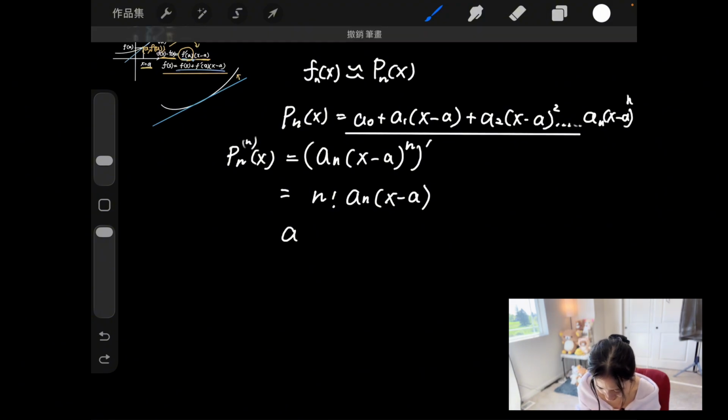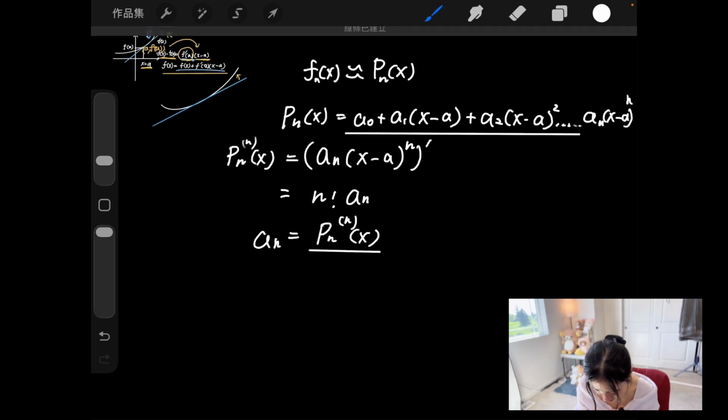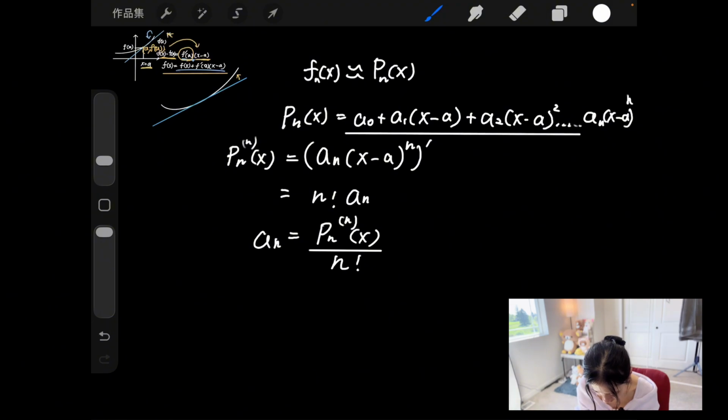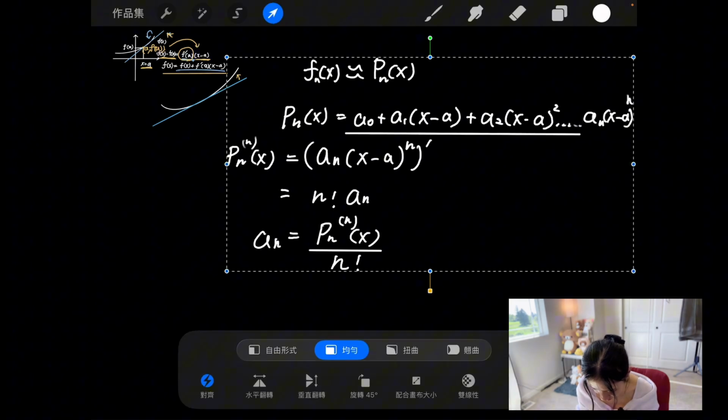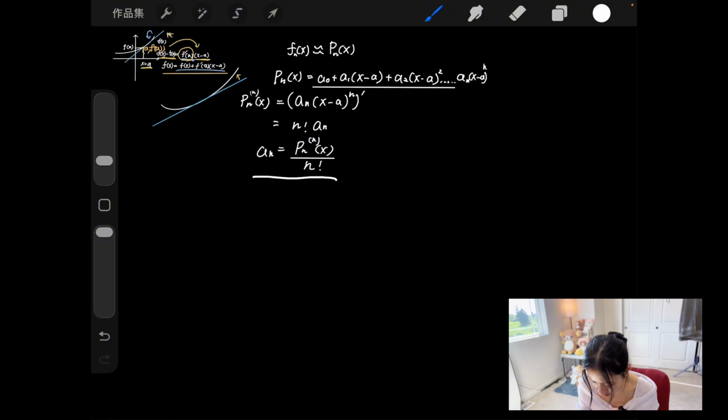So if we move it around, your a_n will be the nth derivative of p_n at a, divided by n factorial. I should write this one differently, and I will talk about it later.